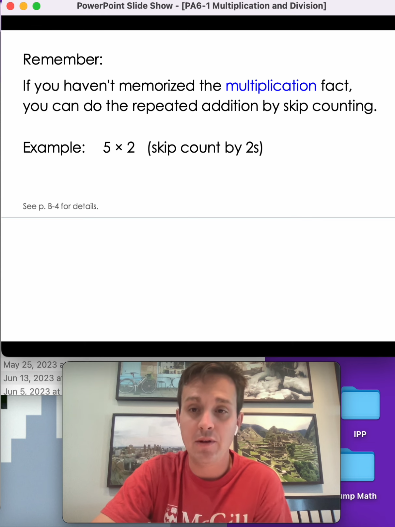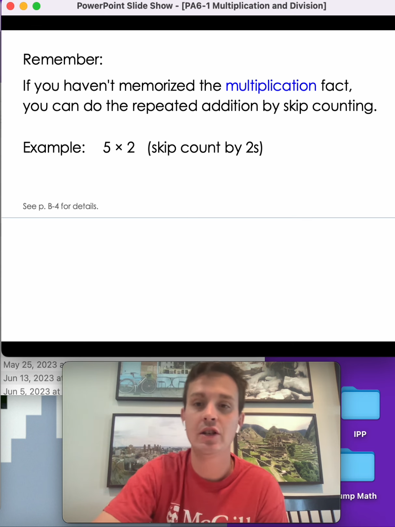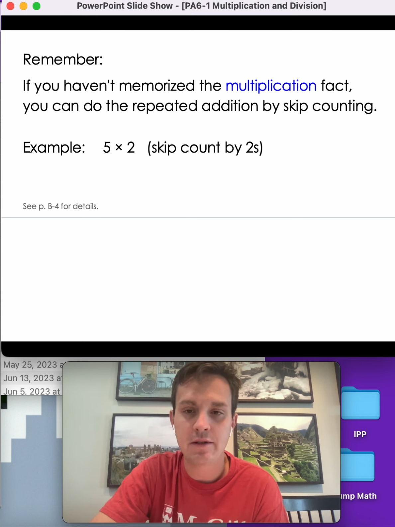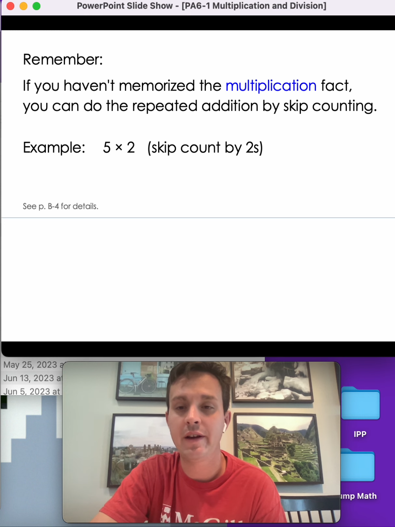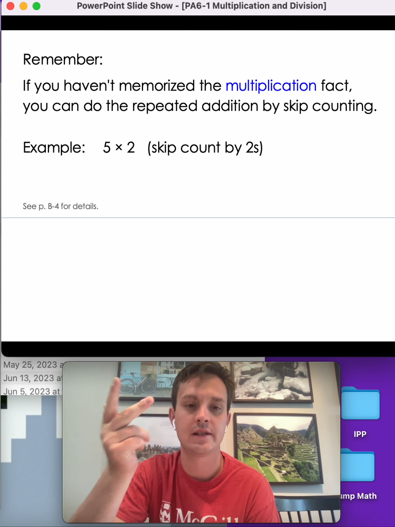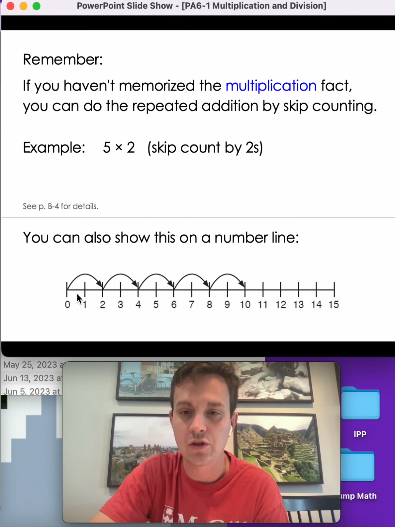Remember, if you haven't memorized the multiplication fact, you can do the repeated addition by skip counting. So, for example, 5 times 2. If I don't know that fact, I could skip count by 2's 5 times. 2, 4, 6, 8, 10. You could also show this on a number line. 2, 4, 6, 8, 10.